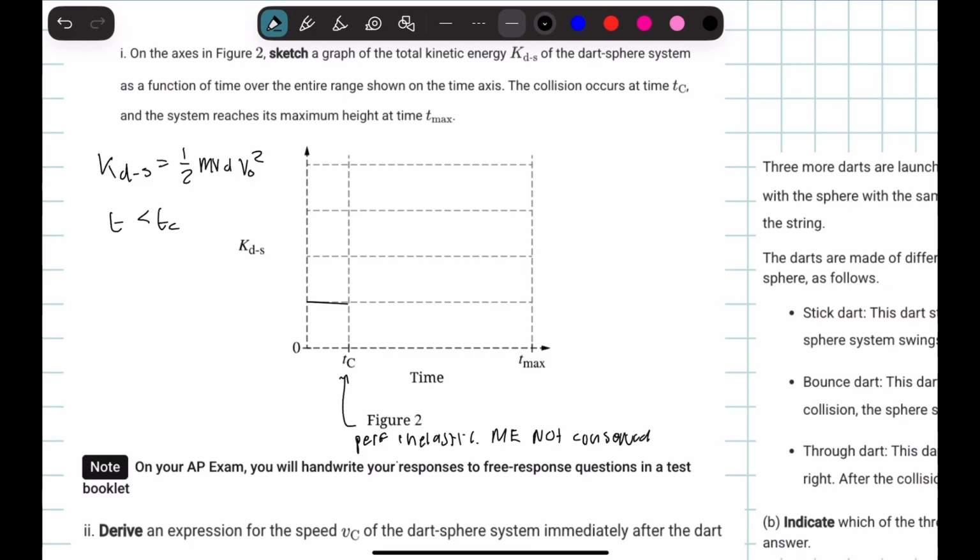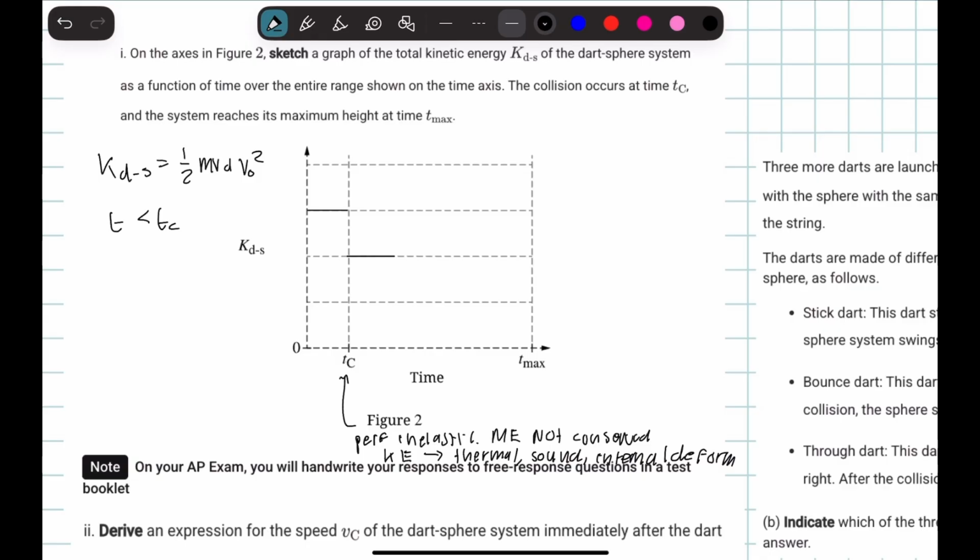That means that some of the kinetic energy is transformed into thermal energy, sound, and also internal deformation. So this drop has to be instantaneous. There's a sudden drop at t_c, an instantaneous drop.